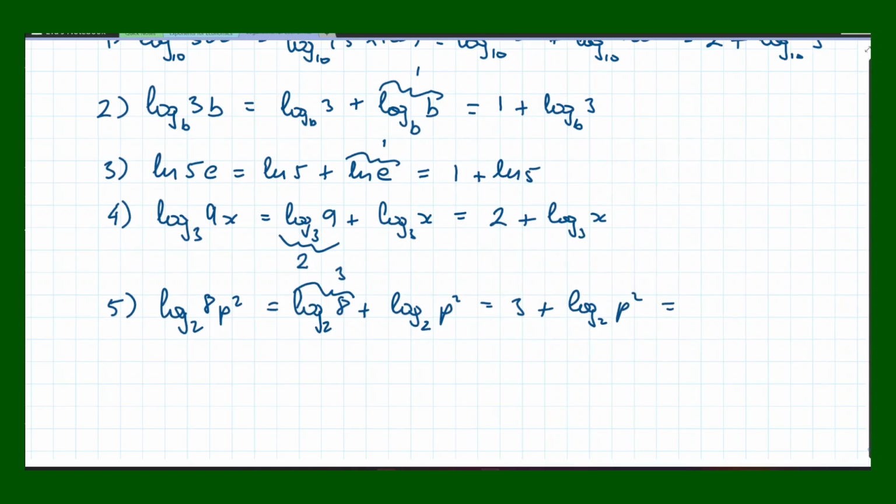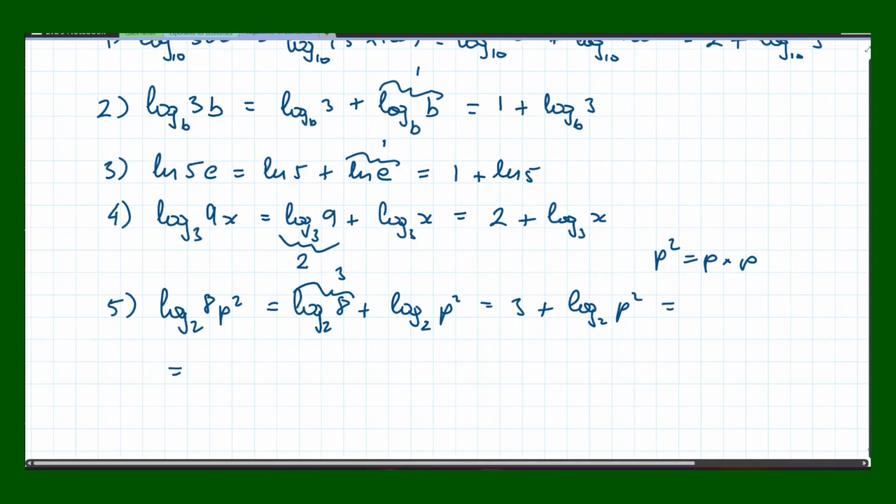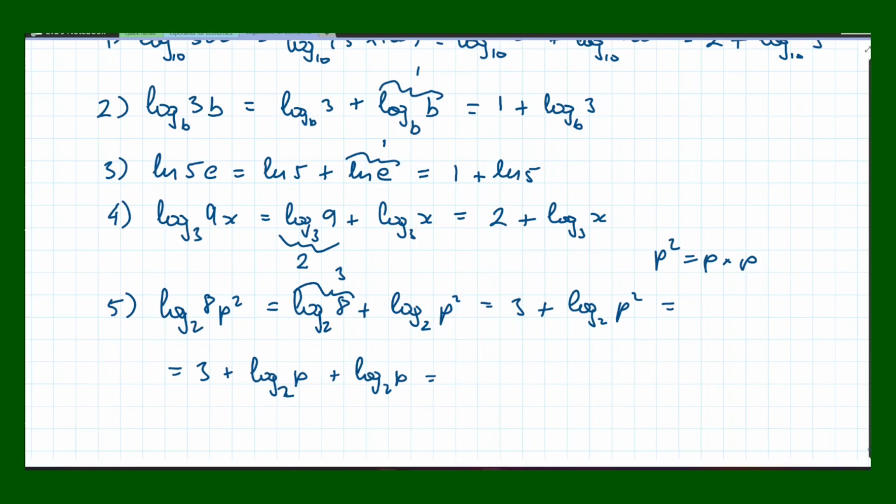Now, what do I know about p squared? Well, p squared is just p times p. So I can actually apply this log rule again, and I can replace the log base 2 of p squared by log base 2 of p plus log base 2 of p. Now, I don't know what the value of log base 2 of p is because I don't know the value of p.